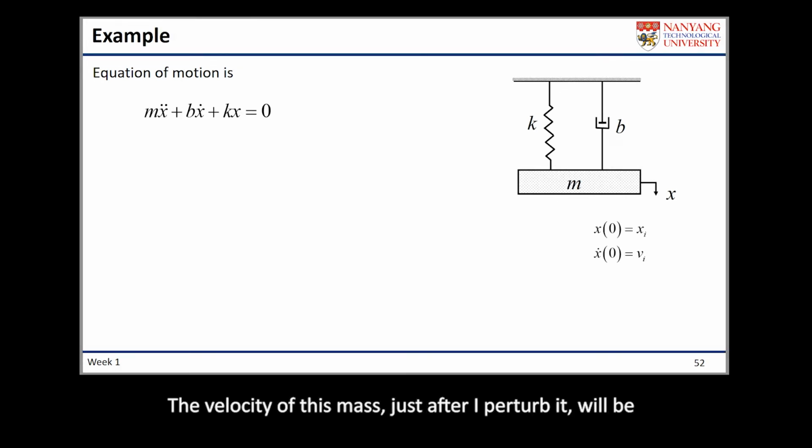The velocity of this mass just after I perturb it will be equal to vi. And then I want to find how the mass will displace in time by solving for x. So how do I do that?